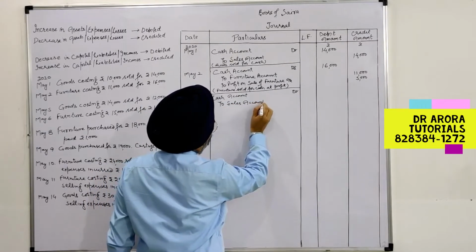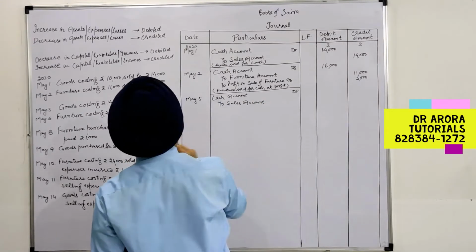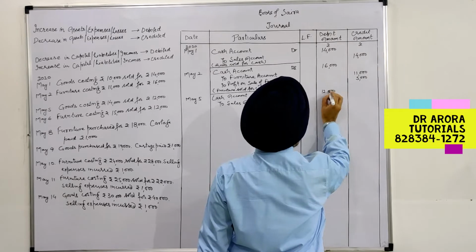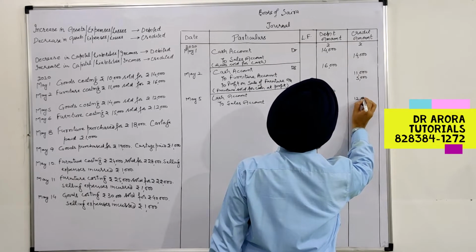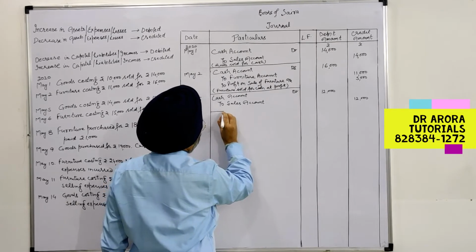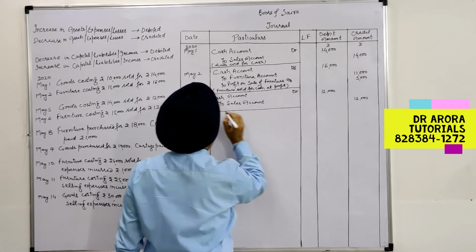So with the sale price we are to pass the entry, and this is for 12,000. So for 12,000 we sold the goods. No profit or loss is to be shown.